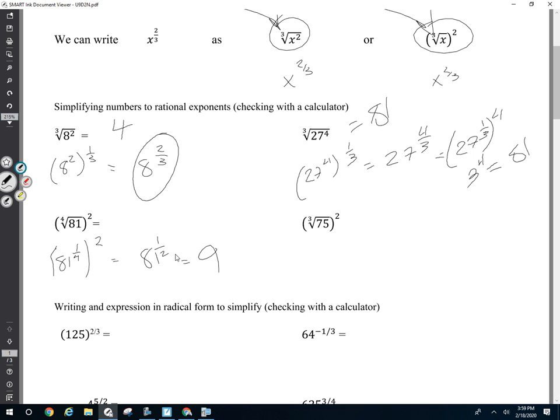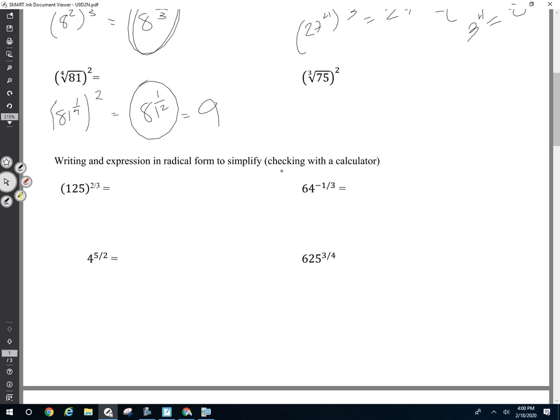You need to be able to write things as fractional powers like this. You need to be able to, in some situations, take a number and write it using the root notation.